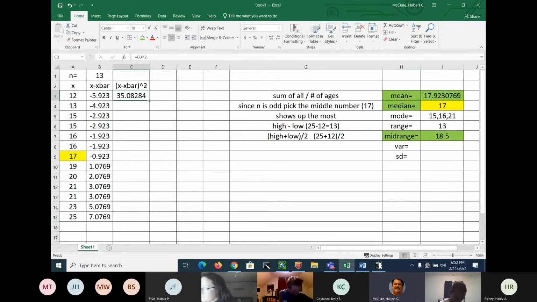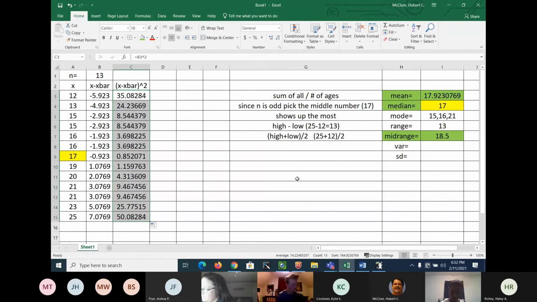And check your numbers with mine. That should be your numbers. And let me know when y'all get toward the end. When you get that 50.08, go ahead and raise your hand so I'll know everybody's finished.